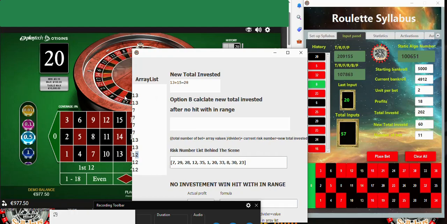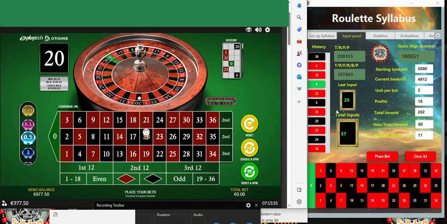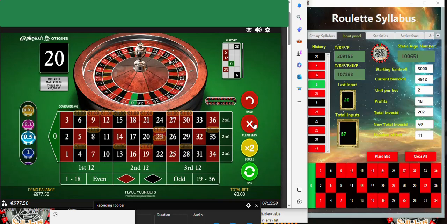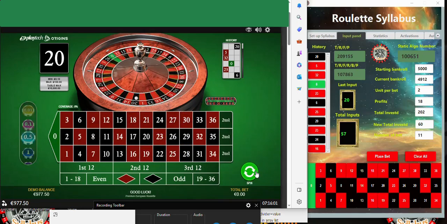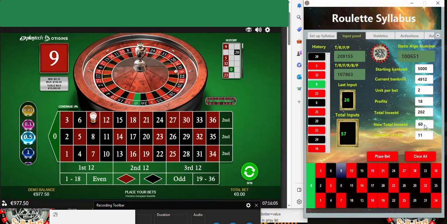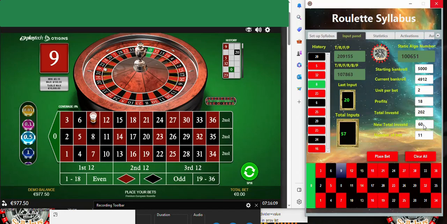So all that I'm trying to explain is that the new total invested amount, which is 60, should be divided by a number so that it is lesser than 15. So you don't place any higher bet.